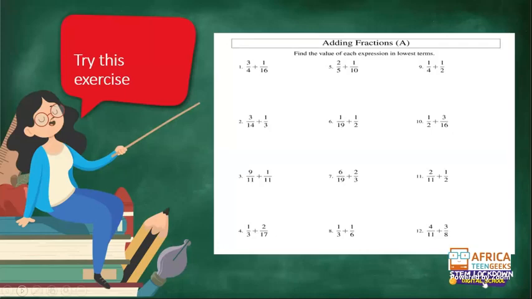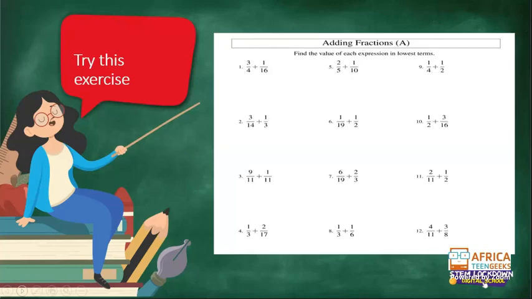So we must always make sure that whatever we are multiplying with at the bottom, meaning the denominator, we must also use the same number to multiply the numerator. If we miss that, we will have an incorrect answer.